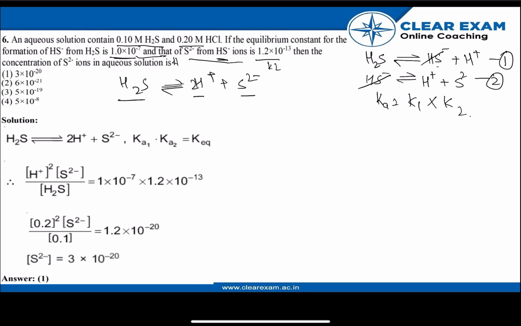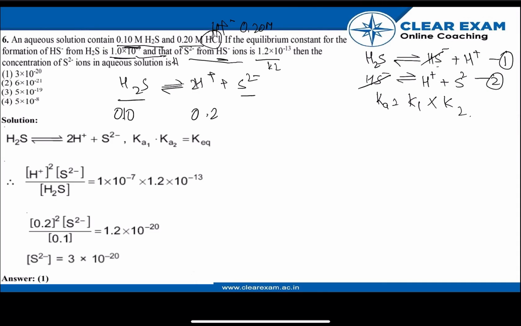Initially the solution contains 0.10 M of H2S, and HCl releases H+ ions, so we can say that initially there were 0.20 M H+ ions.